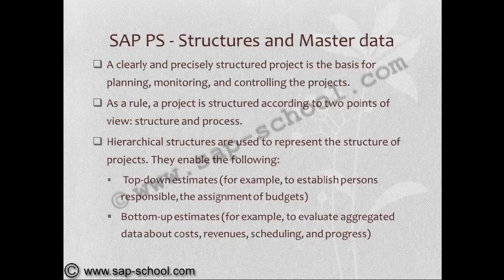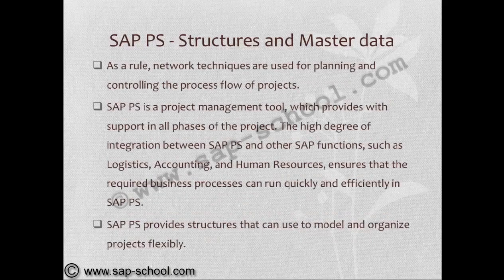They enable the following: top-down estimates, for example, to establish persons responsible and the assignment of budgets; bottom-up estimates, for example, to evaluate aggregated data about costs, revenues, scheduling, and progress. As a rule, network techniques are used for planning and controlling the process flow of projects.